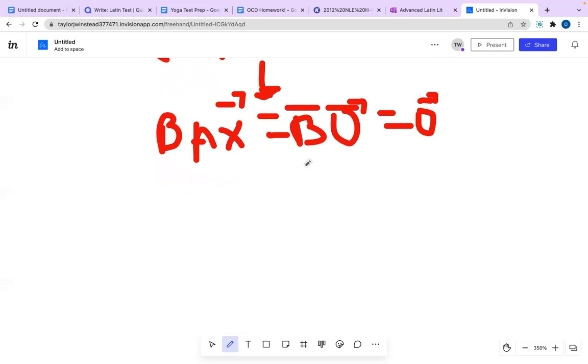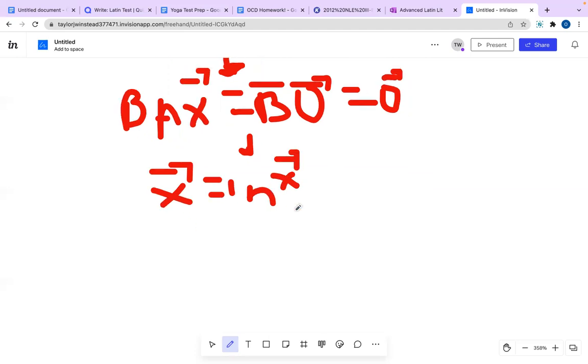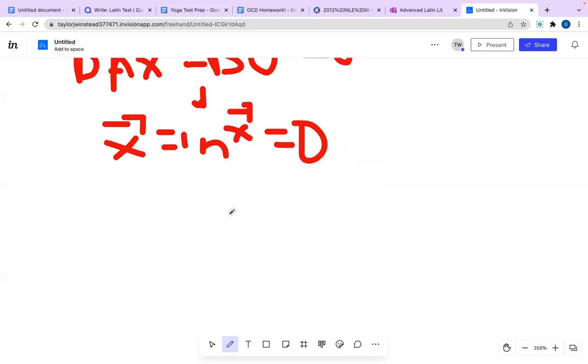So it follows then that we can say vector X is equal to the identity matrix times X. This isn't anything special. We can always say this, because the identity matrix times anything is just going to be that thing. And then from there, we can say that that equals 0, and B times A times vector X equals 0.